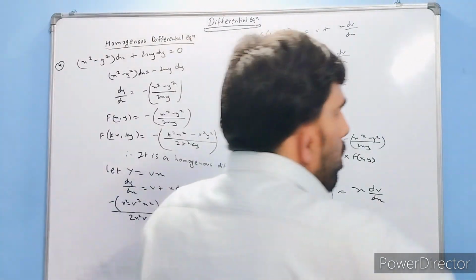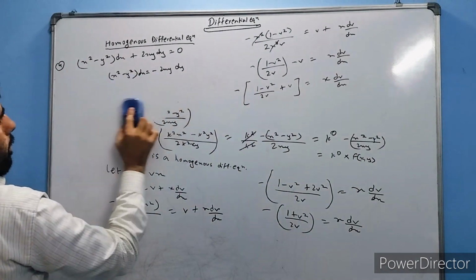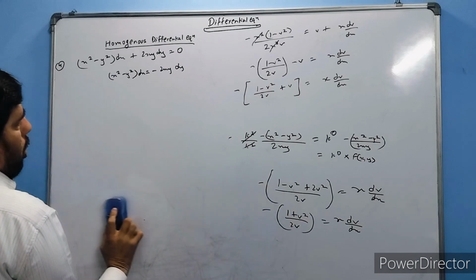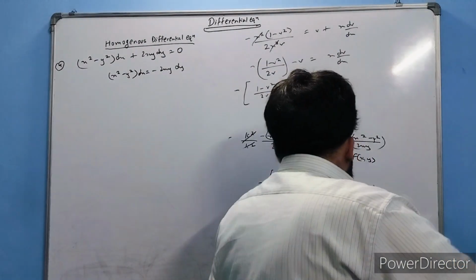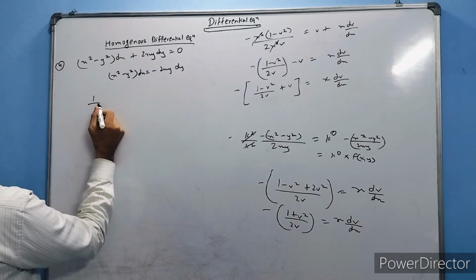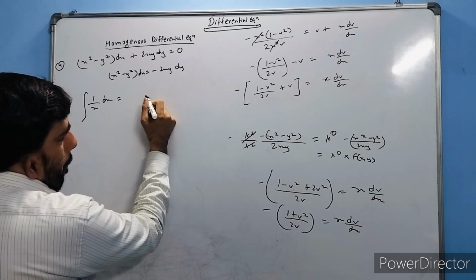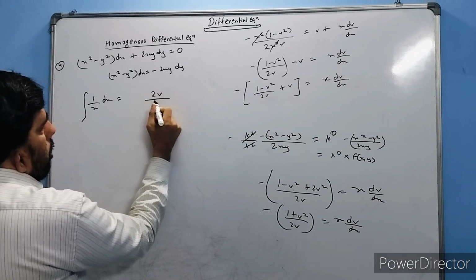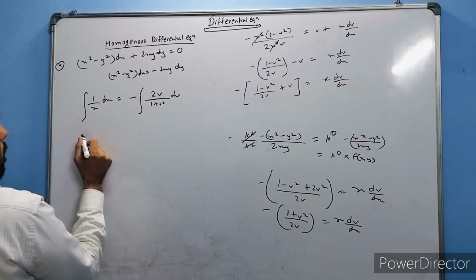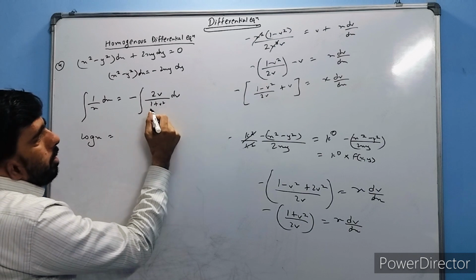So now we'll try to find its general solution here. Now we can take on that side, that is 1 upon x dx. We have 2v upon 1 plus v square dv, minus log x is equal to, we know that, put this t.